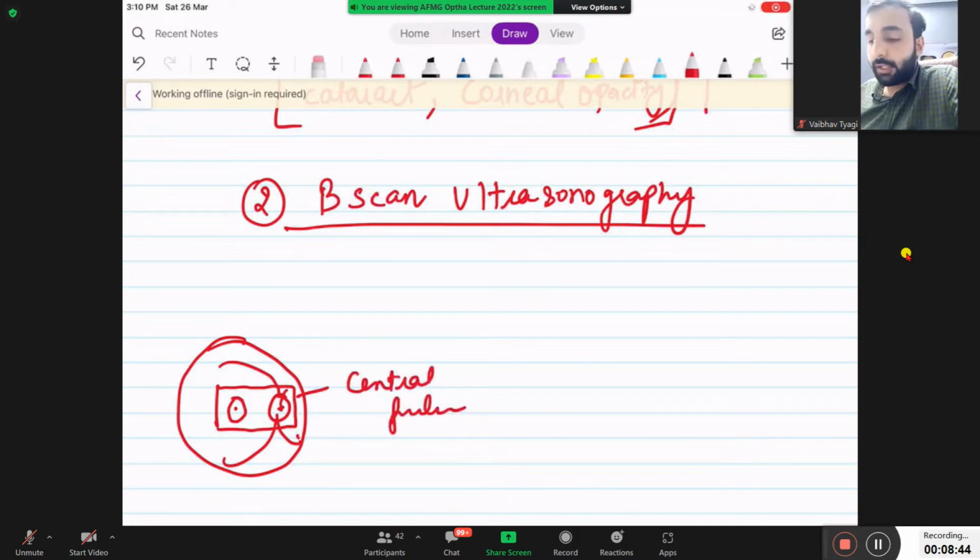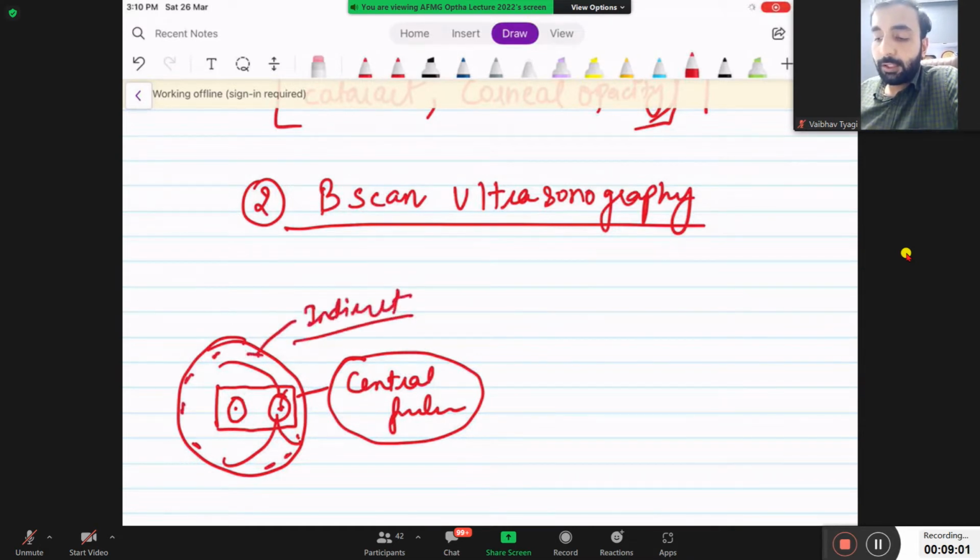So with the help of direct ophthalmoscope, you can only visualize central fundus. Whereas advantage of indirect is that you can visualize this peripheral part of the fundus till ora serrata. With the help of direct, you can only visualize central fundus, means optic disc and macula. Okay, clear?